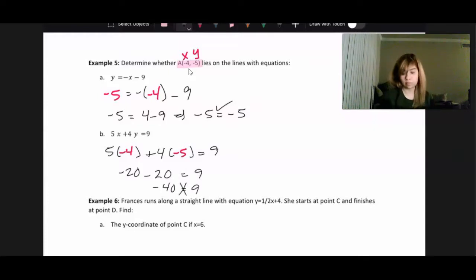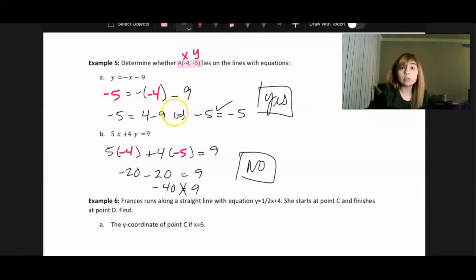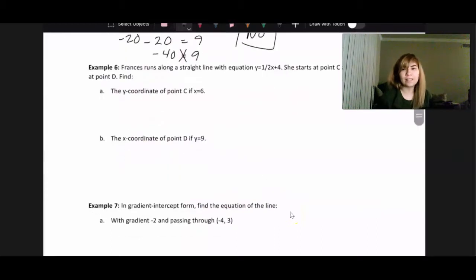Not true. So this one is yes, and this one is no. Because this gives me a true statement, negative 5 does equal negative 5. However, this one gives me a false statement, negative 4 does not equal 9. I'm going a little bit faster. I keep saying that, then I slow down.